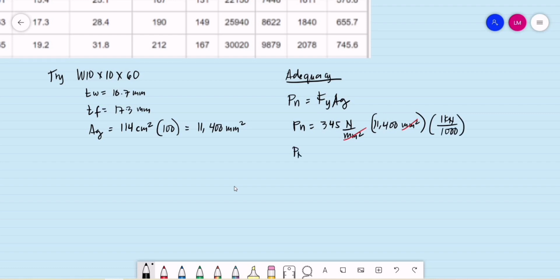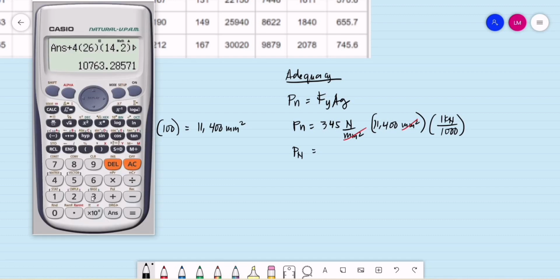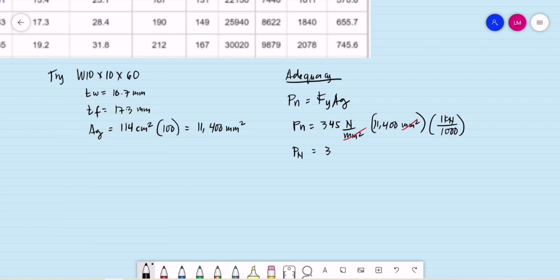So we have the nominal load is now equal to 345 multiplied by 11,400, to be divided by 1,000. So the nominal capacity or nominal strength of our trial section is 3,933 kilonewtons. So let us recall what is our Pu.